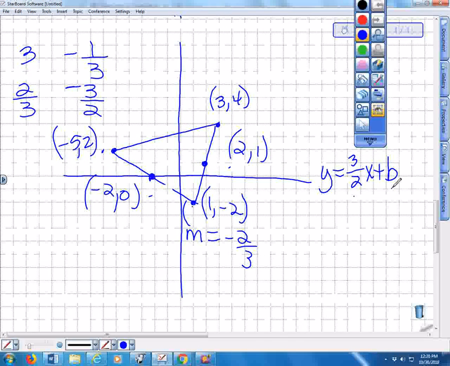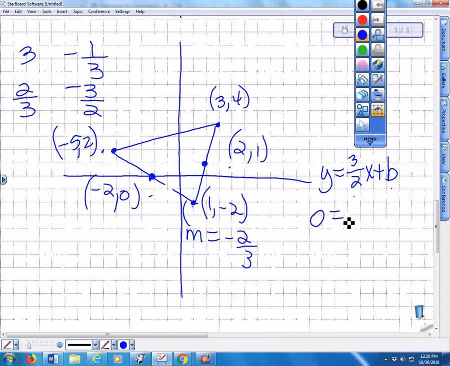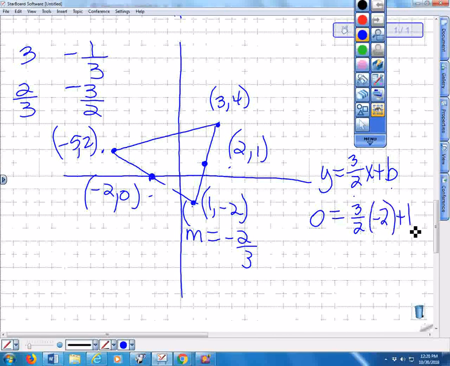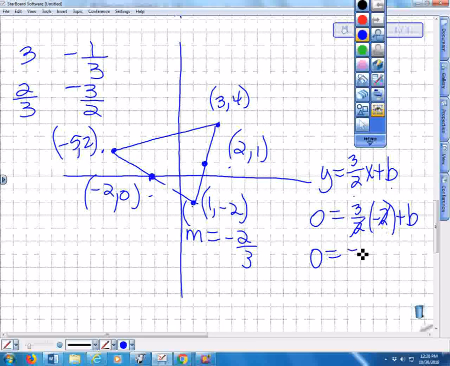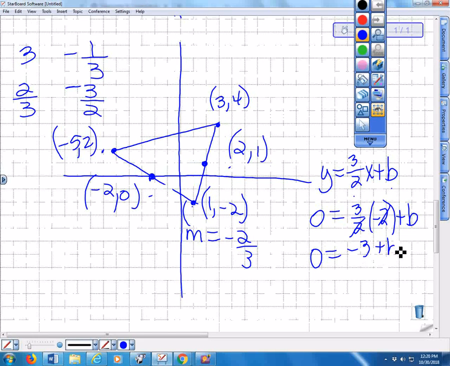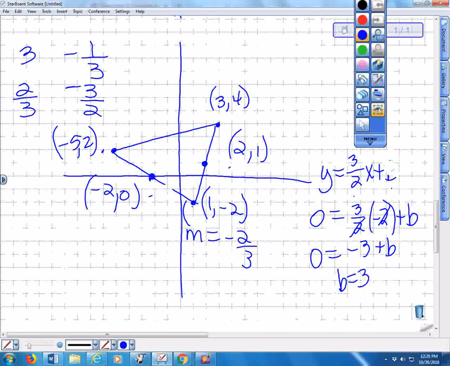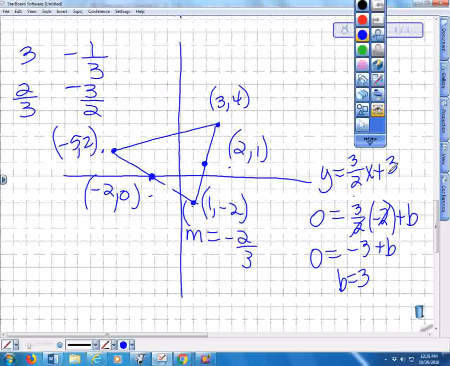Right? Y is 0. X is negative 2. So I get 0 equals negative 3, because that's 1, right? Plus b. So b is equal to 3. This is the equation of the perpendicular bisector.